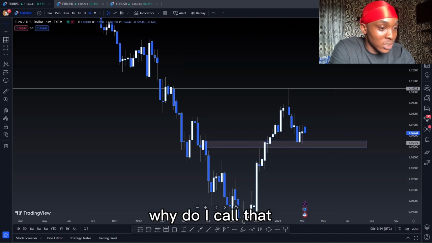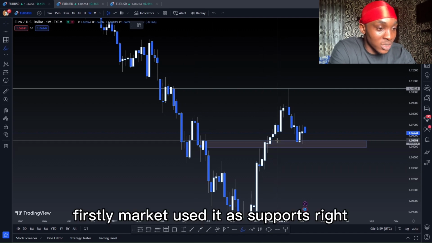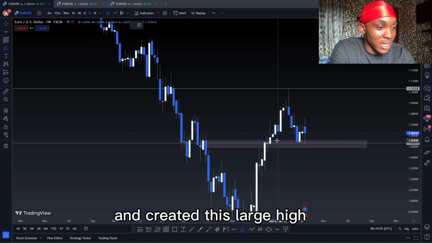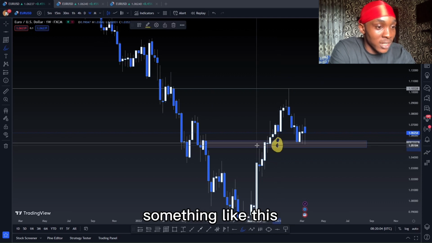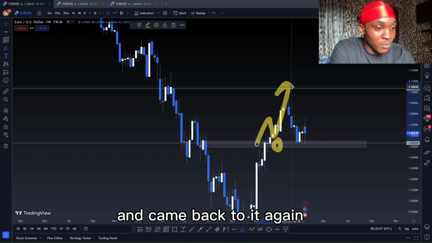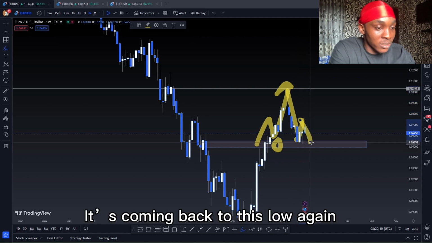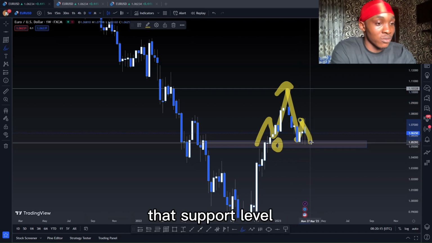Why do I call that a strong area? You can see that firstly the market used it as support and created this large high, and it came back to it again, formed support, traded high, and it's coming back to this low again. That's a resistance level, that's a support level.